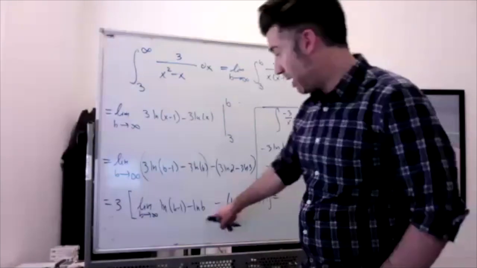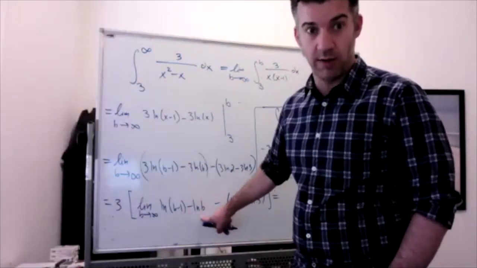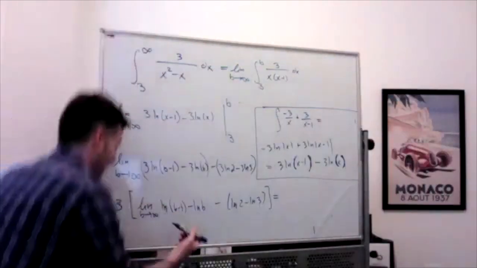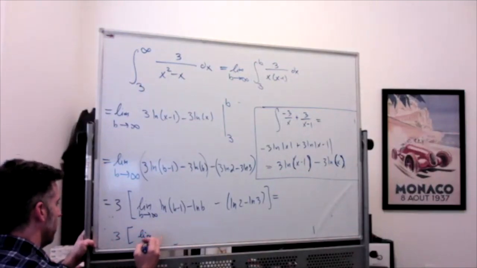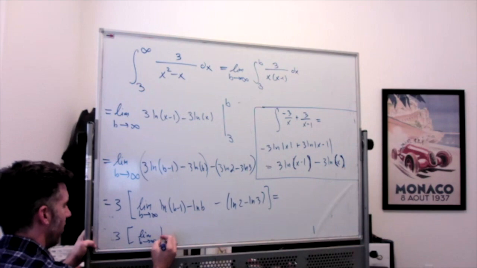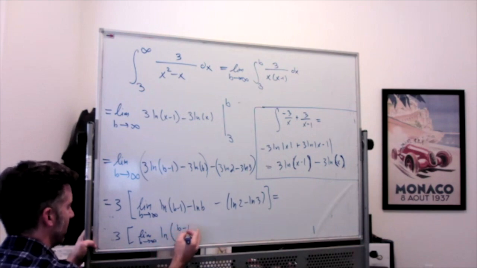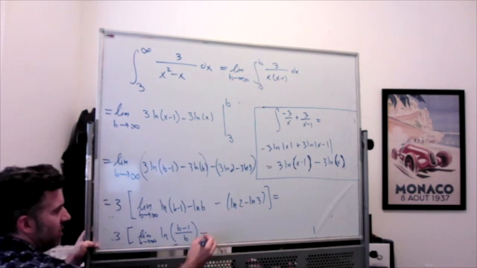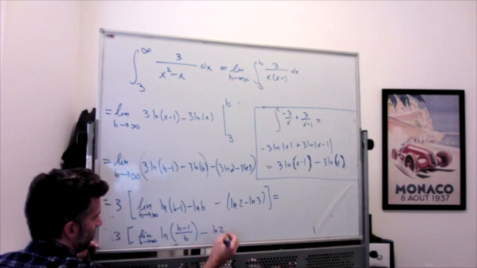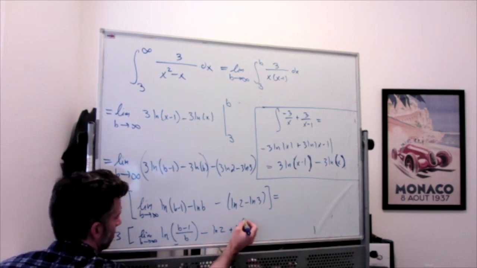And we can combine this as one logarithm. We can write this as 3 times the limit as b goes to infinity of the natural log of b minus 1 divided by b. Minus, let's combine this too: minus natural log of 2 plus natural log of 3.